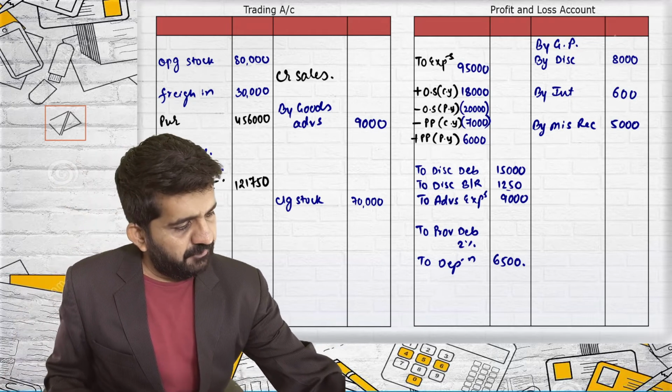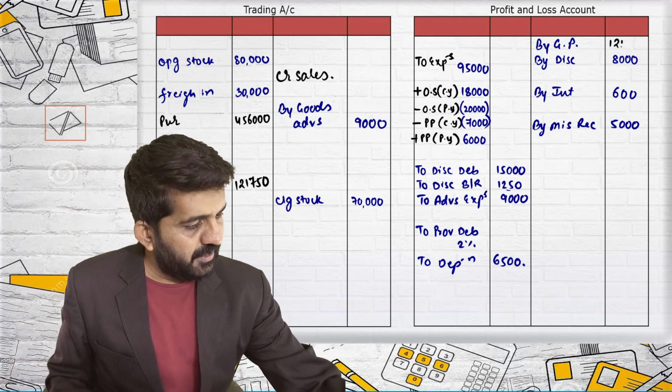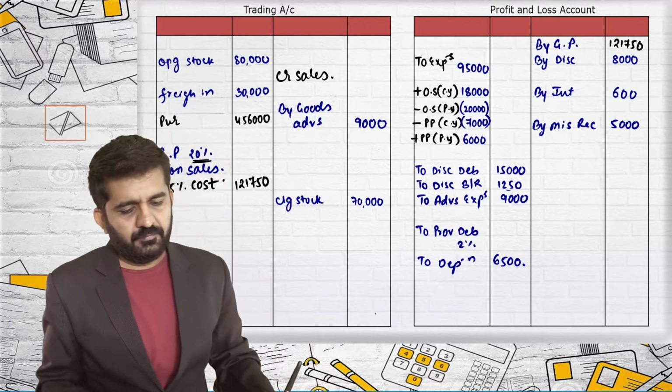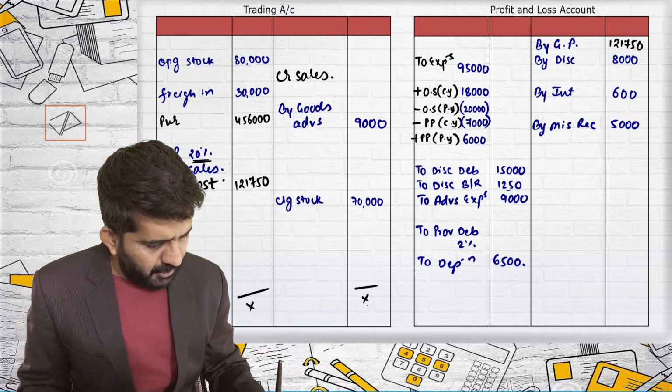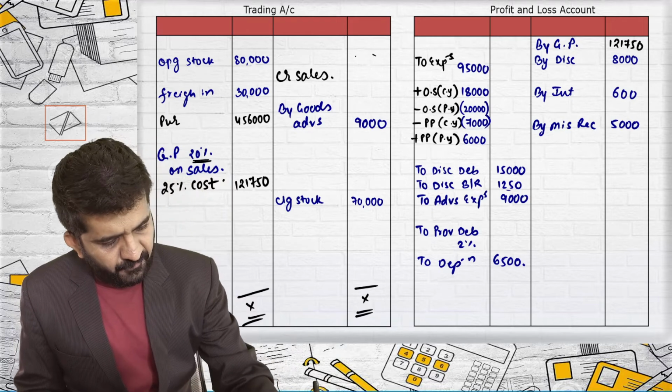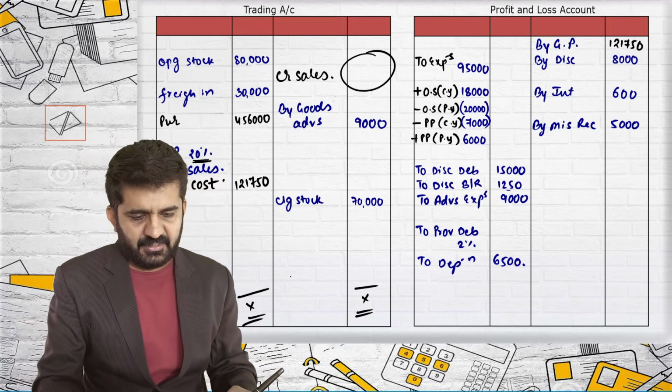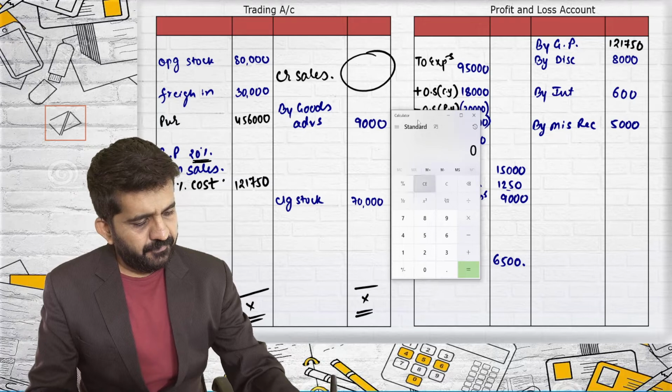Second effect of GP will be in the P&L account credit side, 121,750. So the trading account is having GP but now not having credit sales. We can find out the balancing figure as credit sales. What will be the balancing figure?